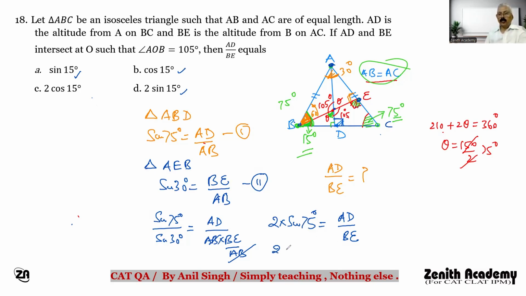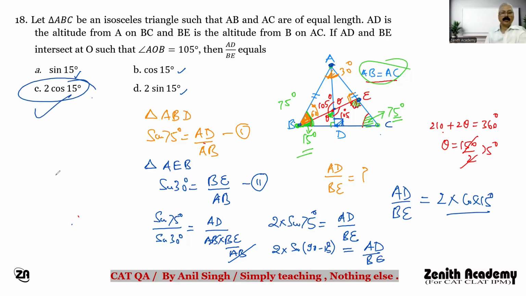You can write 2 into sine of 90 minus 15 degree. So here AD upon BE. You know, sine 90 minus theta is cos theta. So this is going to be cos 15 degree. Let us see. Yes, the answer is C.